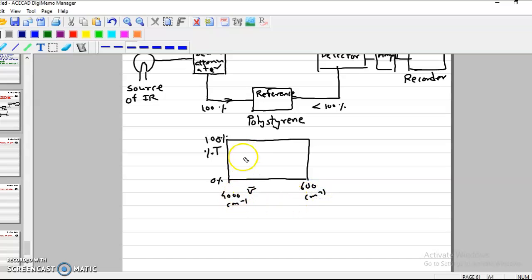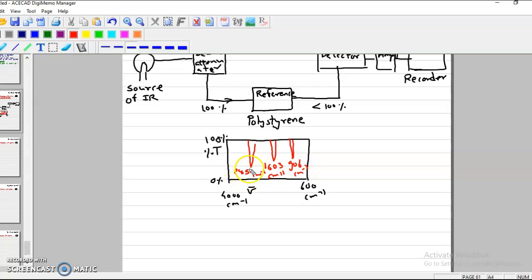Polystyrene will give us three major bands, one at 2850 centimeter inverse, another at 1603 centimeter inverse, and one at 906 centimeter inverse.